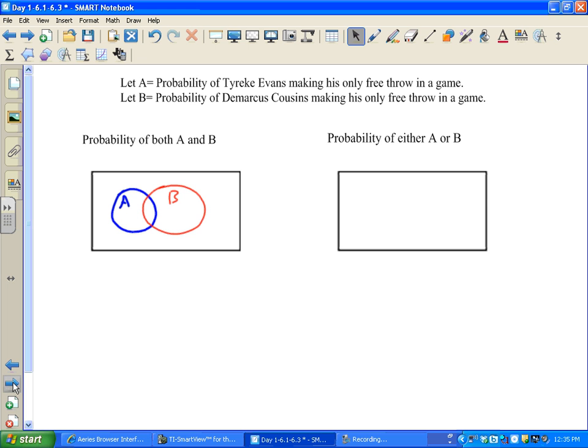The probability of A and B, you should be okay with it being both Tyreke and DeMarcus making their free throws. And it should also make sense to you, it's the area that they overlap. Okay? The area they overlap. We will write that. It's called the intersection.